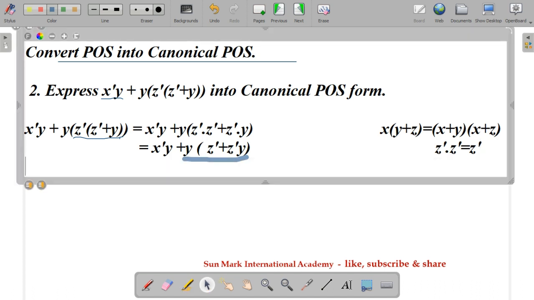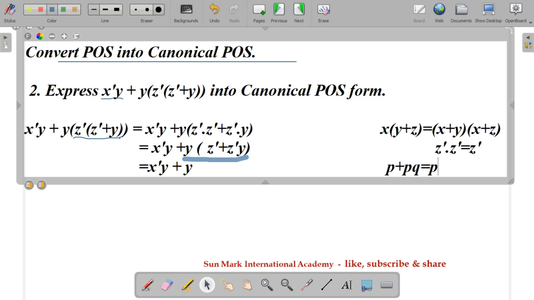now the absorption law we can apply, equal to x dash y plus y. a plus ab, sorry, p plus pq equal to p. That is the absorption law.